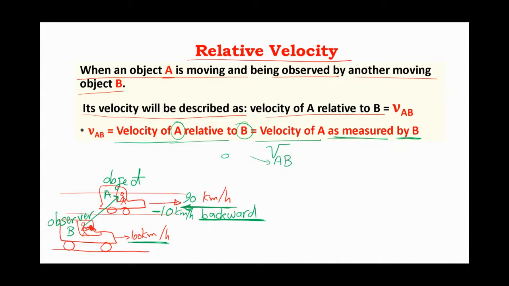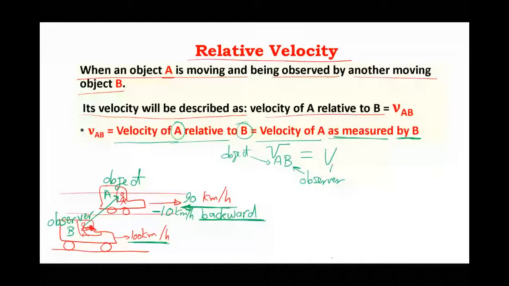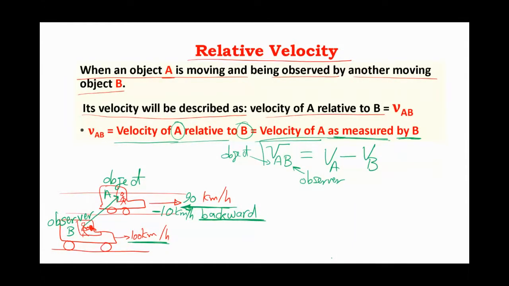A is the object, B is the observer, equals what? Equals VA minus VB. This is the equation for relative velocity. VAB, or VA relative to B, equals VA minus VB. The velocity of the object minus the velocity of the observer.